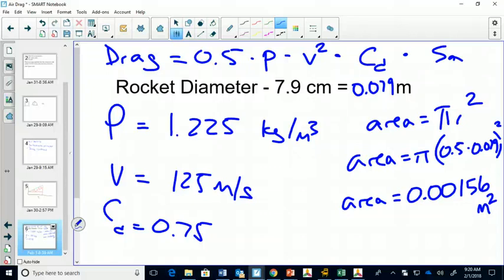So I can plug these in now, right? Good. Can we do that? Will you try that for me? Pop it into our drag formula. Let's see what we got. Right. Times velocity squared.